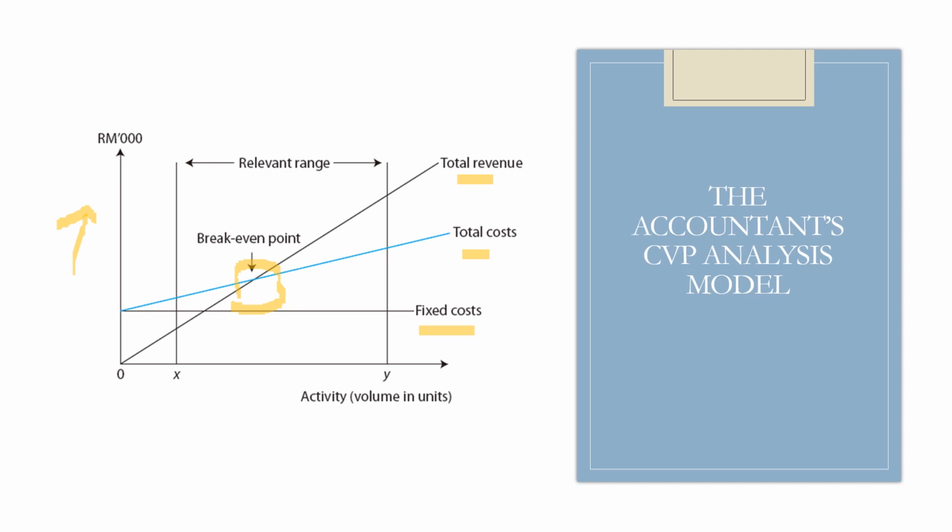This is the fixed cost. At the BEP point, total revenue equals total cost. It means that the company makes neither profit nor loss. This is the point where the sales volume covers not only fixed costs, but also the variable costs.